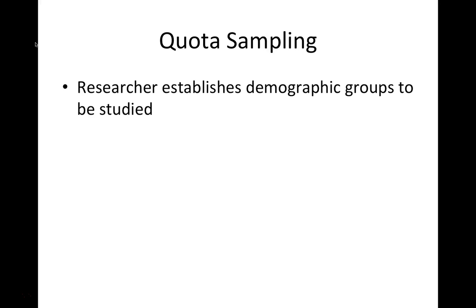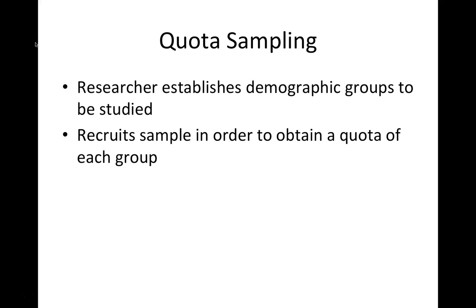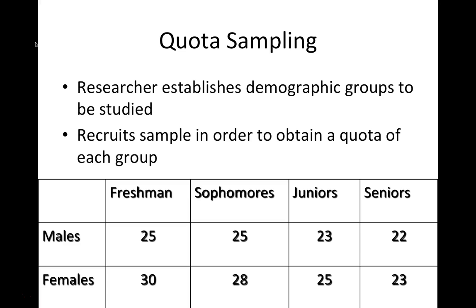Your book talks a bit about quota sampling and establishing quotas within typically demographic groups that we want to study. So we recruit the sample to obtain some sort of quota.